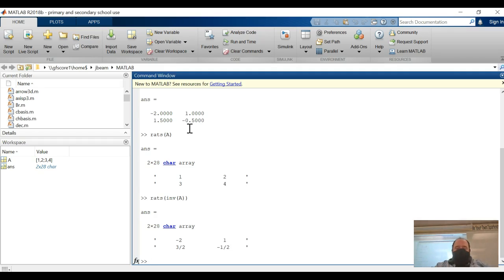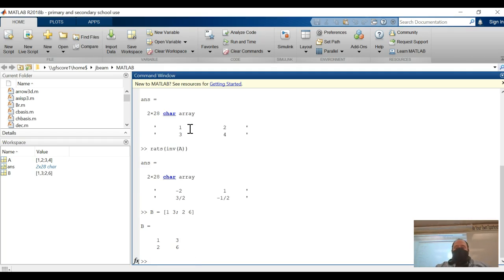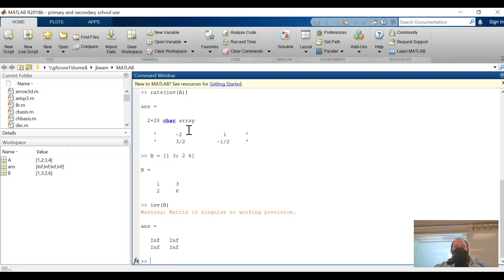But I also said, let's say B was 1, 3, 2, 6, right? And then if you try to take the inverse of B, it yells at you. It says, warning, matrix is singular to working precision.